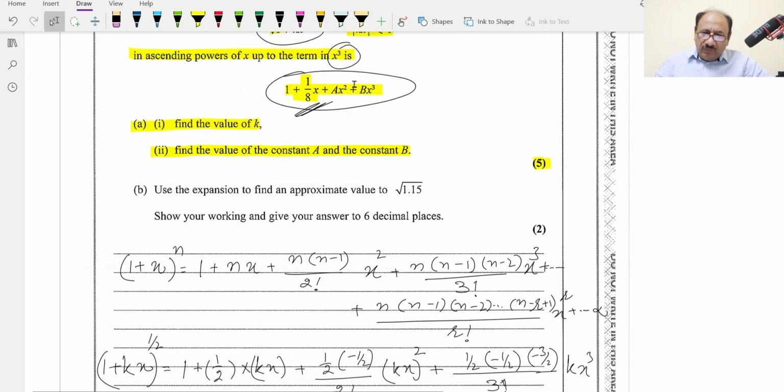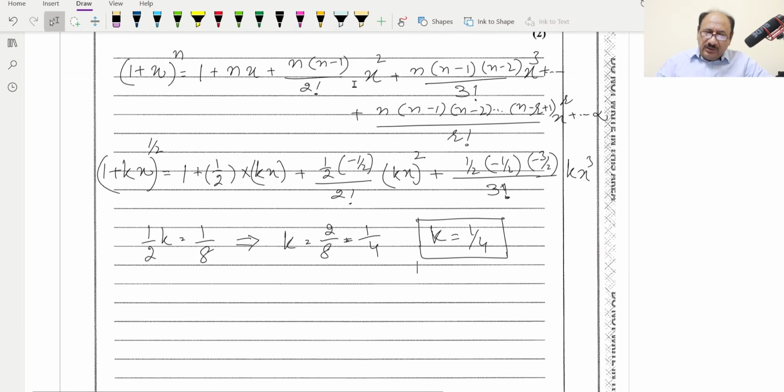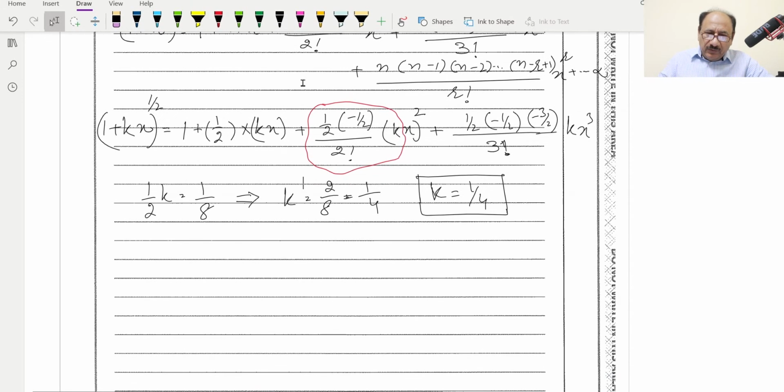The coefficient of x squared will be a. So a is equal to 1 by 2 into minus 1 by 2, divided by 2 factorial, and k squared.